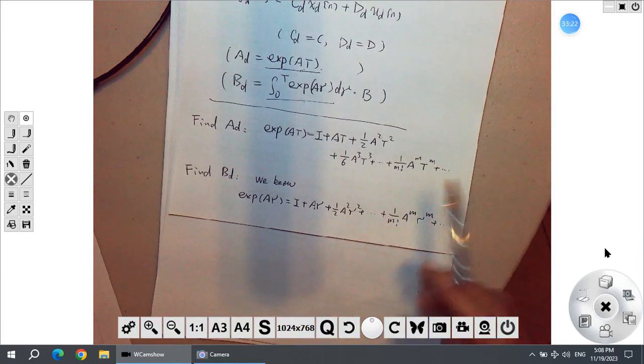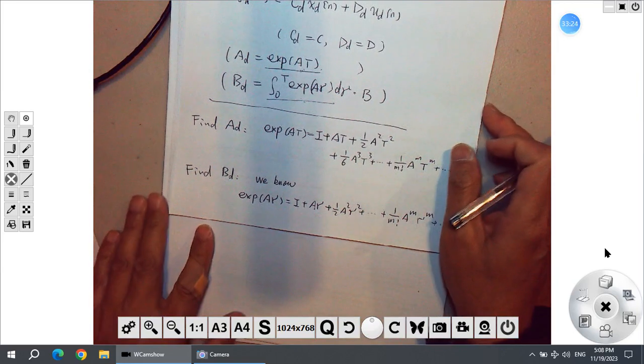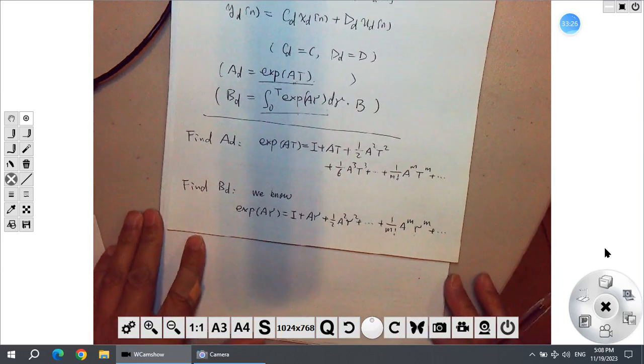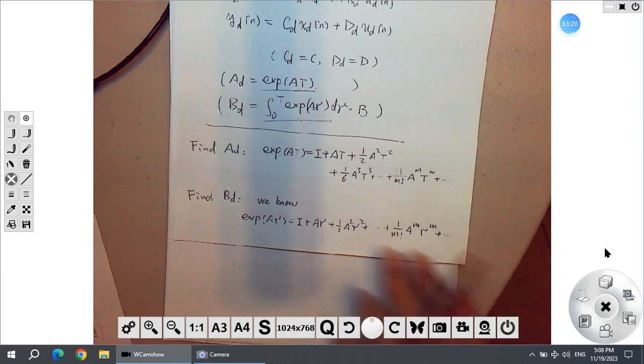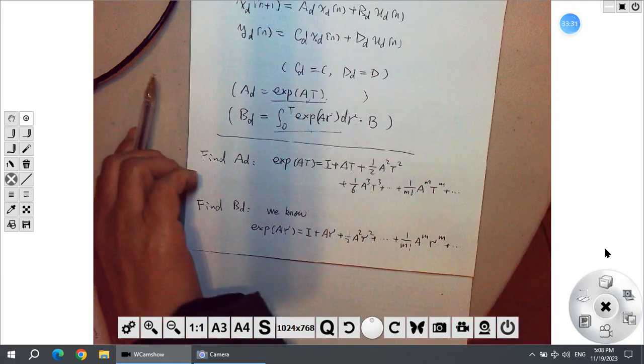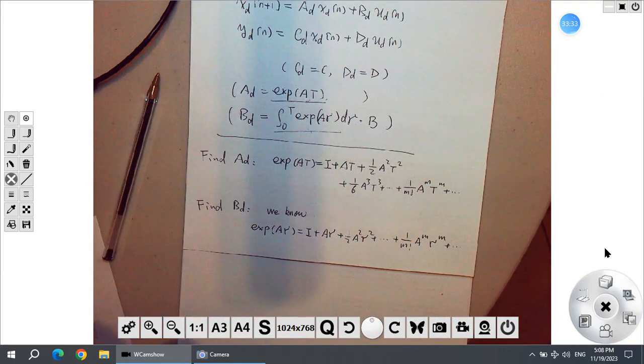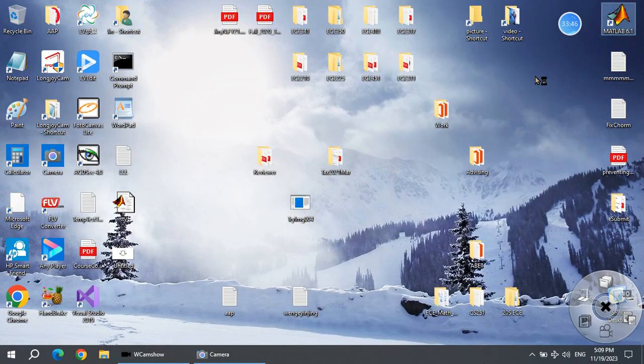So we can use a computer to do this, and in the computer we really have these kinds of functions. All right, we can have a look.